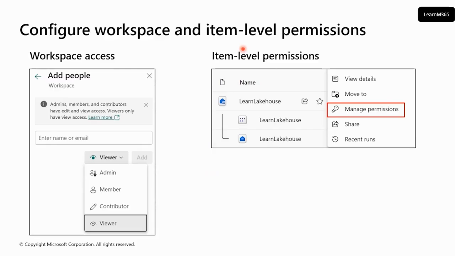So if you want to grant the engineer the ability to read the data and not just the metadata, then you have to provide the read all SQL endpoint data or read all Apache Spark option. These things you have to configure for the user then. And this is basically how we can grant the access.